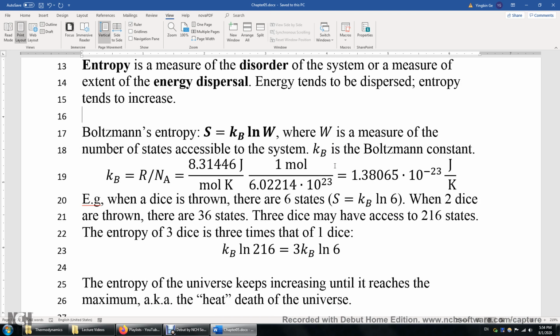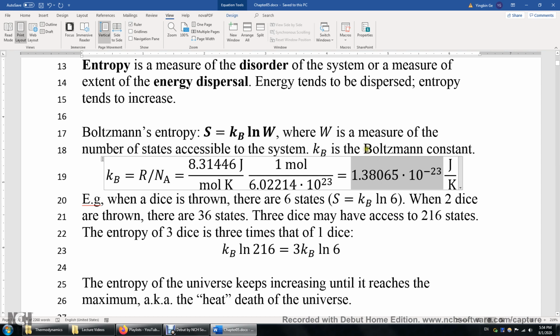Kb is the ideal gas constant R divided by the Avogadro constant. So we have R here, we have this Avogadro constant here, and then K sub B, the Boltzmann constant, has a very small value. It's 1.38065 times 10 to the power of negative 23 joule per Kelvin.